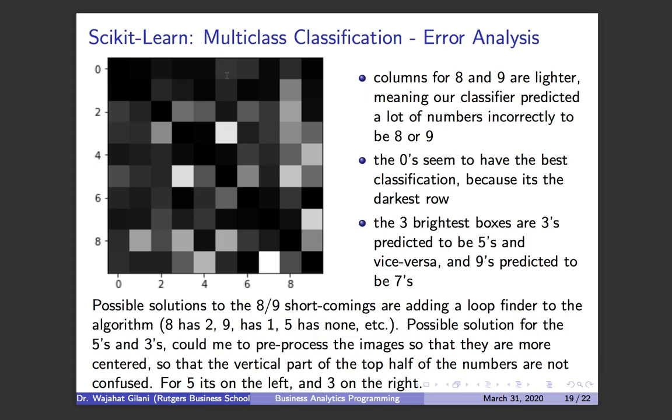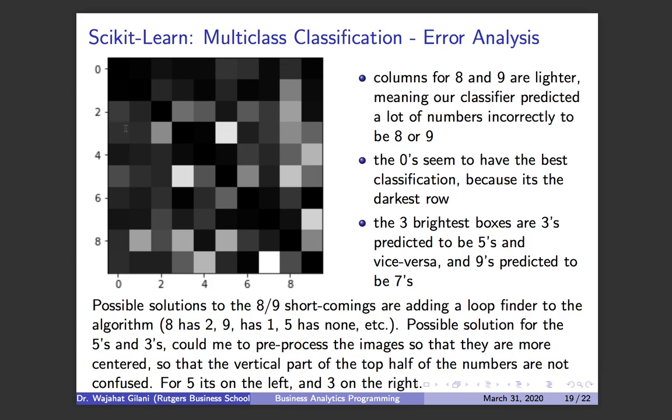Now, what boxes just stand out at you? The 3 or 2 brightest boxes in this case are this one, and I would say this one down here. There's a couple of them that are pretty bright, but those seem to be really white to me. Here we have a situation where the 3s are being predicted.